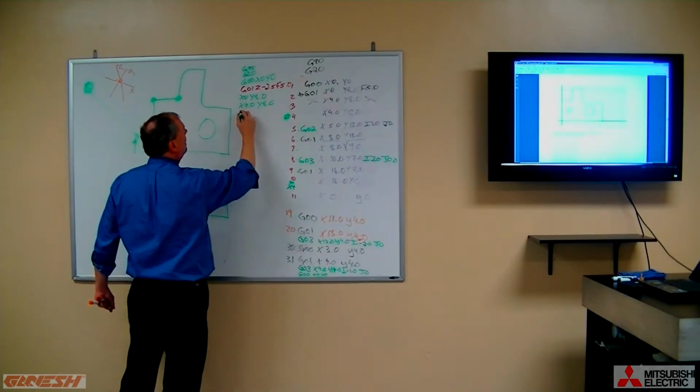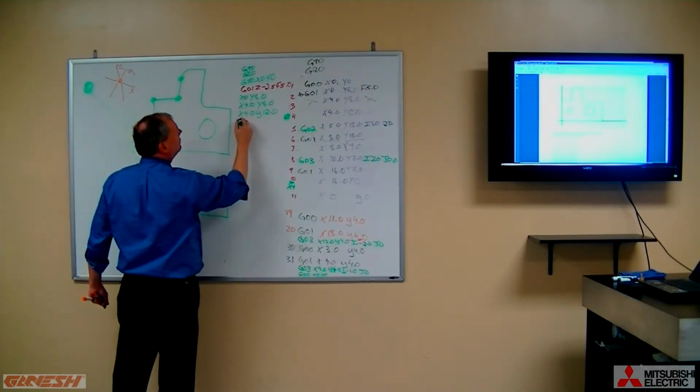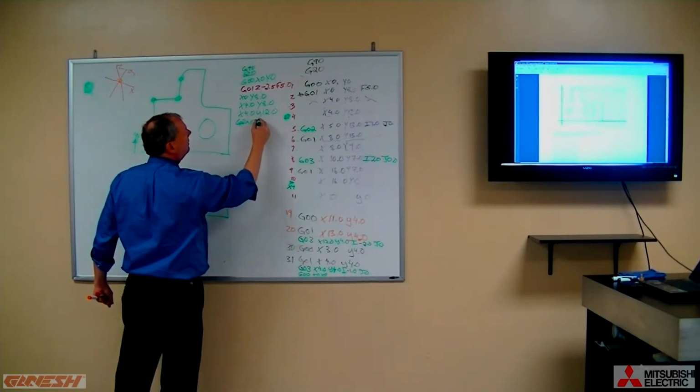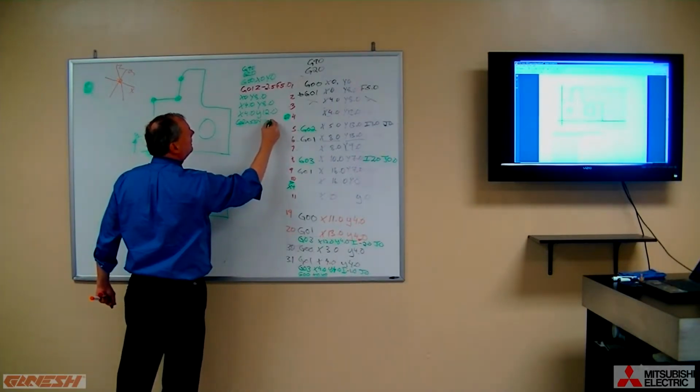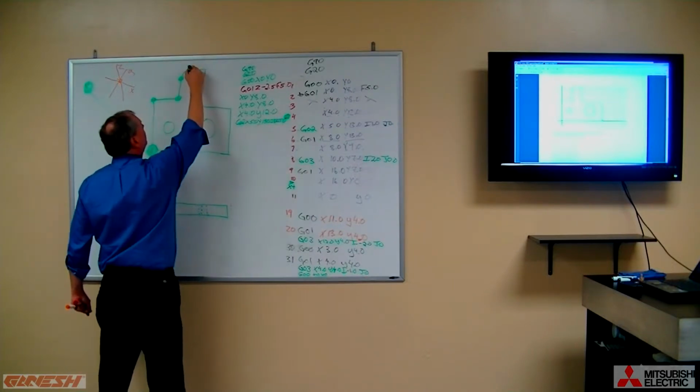And now we go up to x 4.0, y 12.0, and that puts us here. And now we do our G02, x 5.0, y 13.0, I 1.0, j 0. So now we're sitting here.